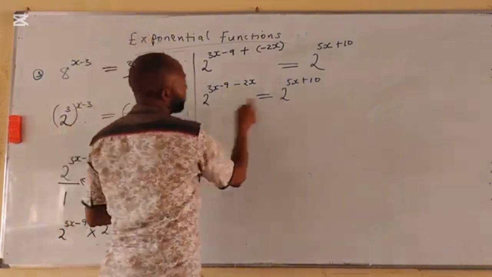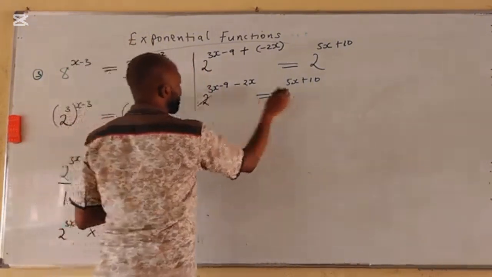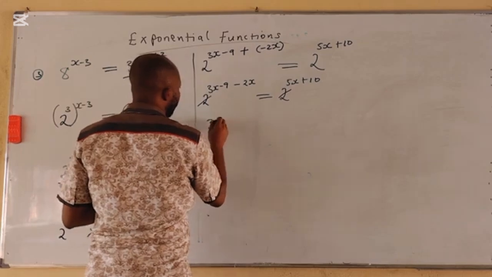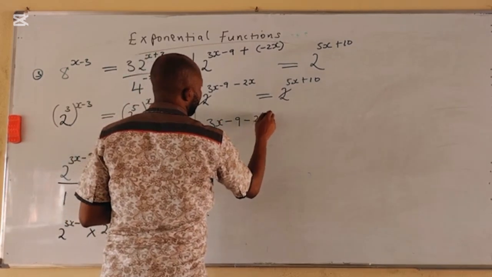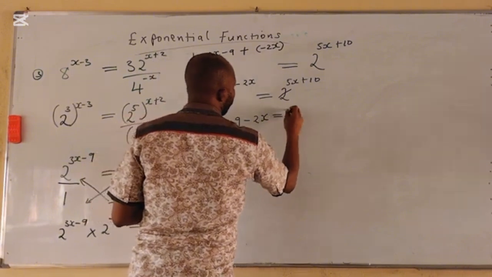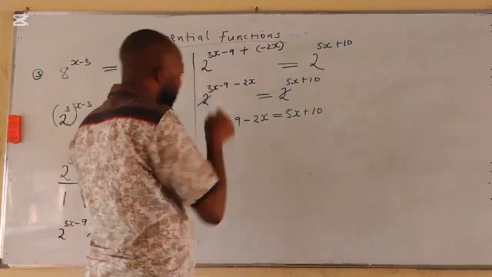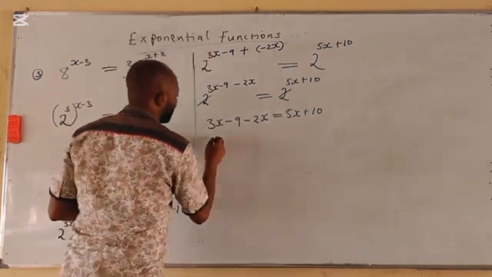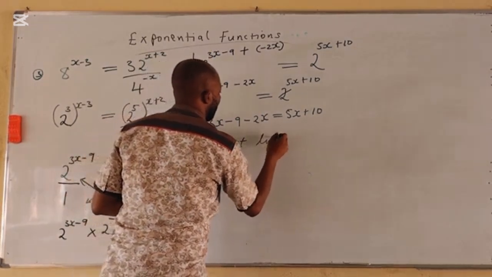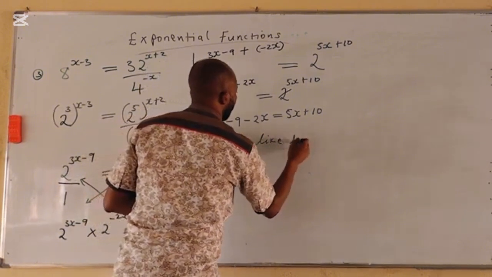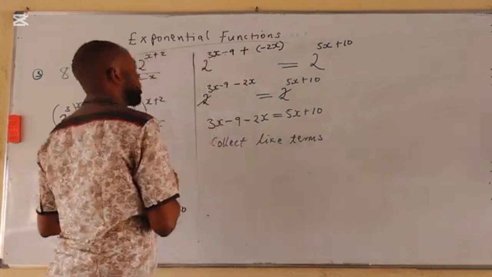Now, the bases are the same, so I cancel out. This will cancel this. I have now 3x minus 9 minus 2x is equal to 5x plus 10. Collect like terms.